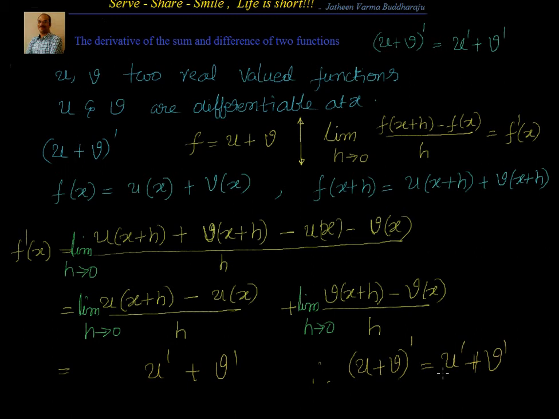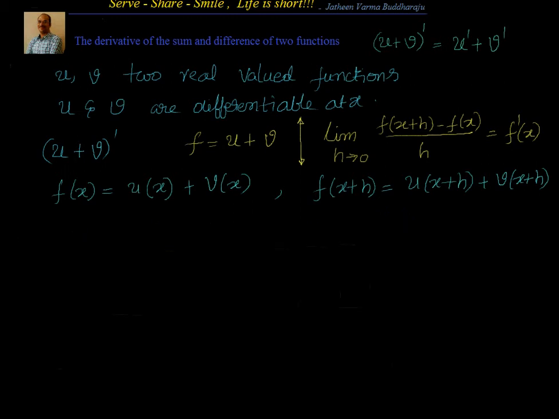Let's look at one simple example so that it's more clear. Let us say the function is x square plus e power x plus log x. You can see that there are three functions. We know we can find the derivative of x square, of e power x, and of log x.